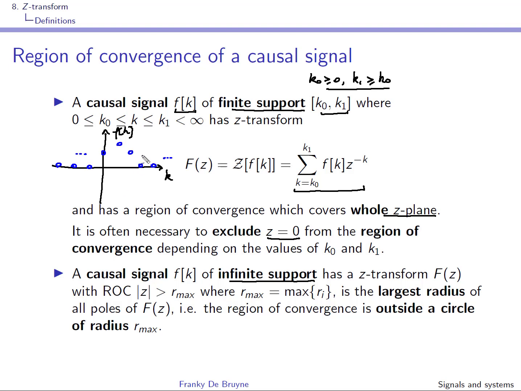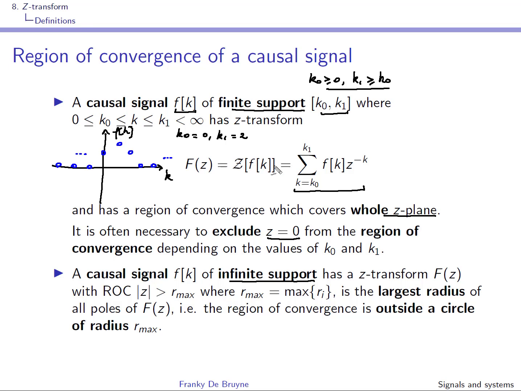So here we have k0 equal to 0, and k1 equal to 2, right? This is the support of the signal f of k.